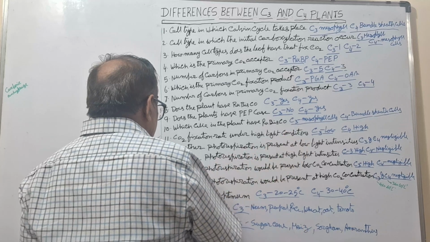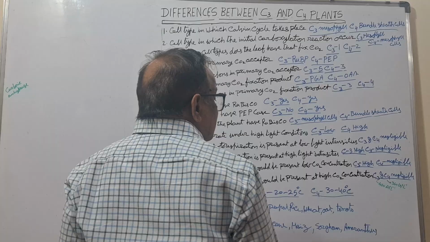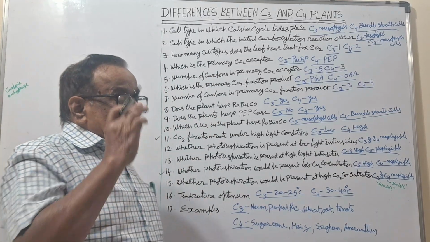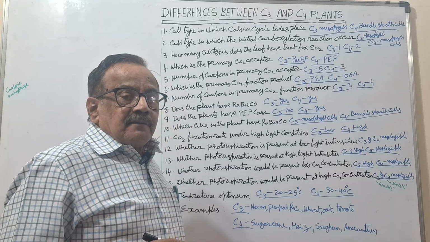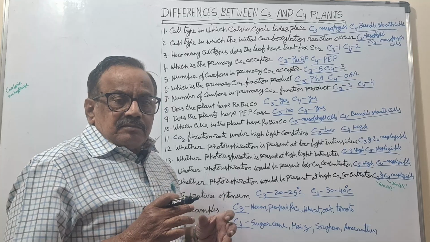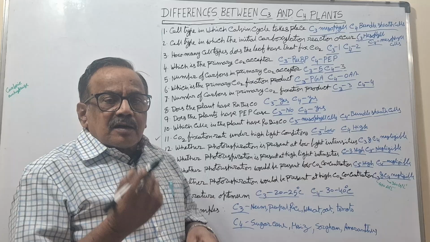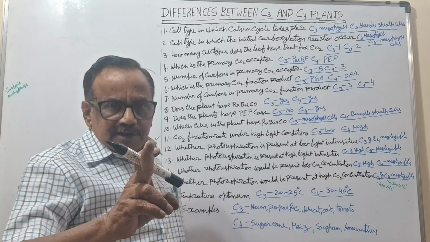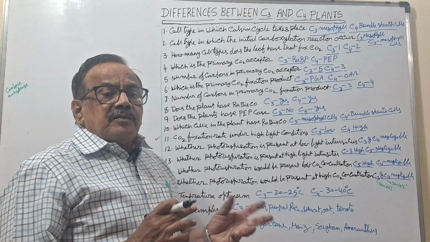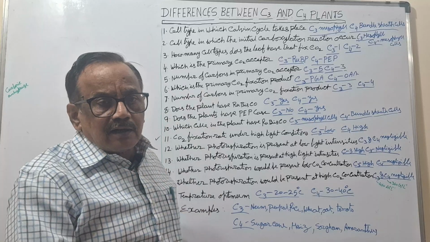Whether photorespiration would be present at low carbon dioxide concentration: this is most important. When you are reading about C3 plants, RuBisCO will absorb oxygen if the oxygen concentration is more or the carbon dioxide concentration is less. That is clearly given in NCERT. So if carbon dioxide is less, naturally the ratio of oxygen will be more, then RuBisCO will take the oxygen.